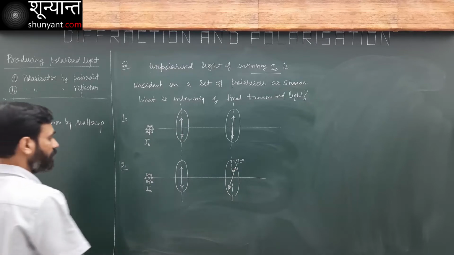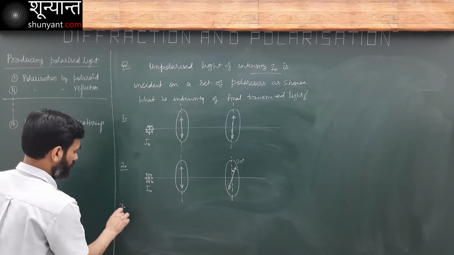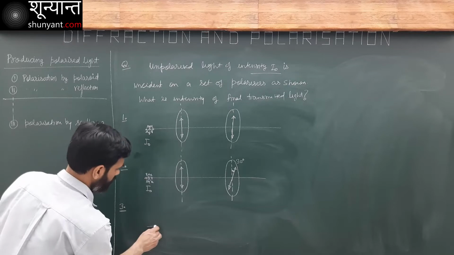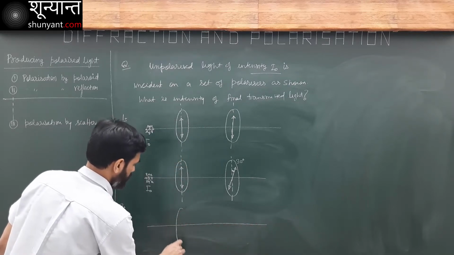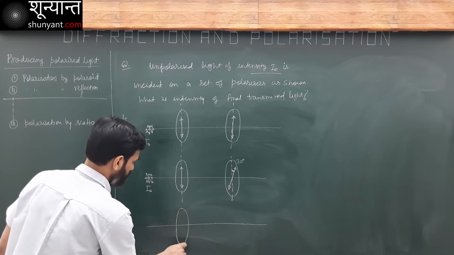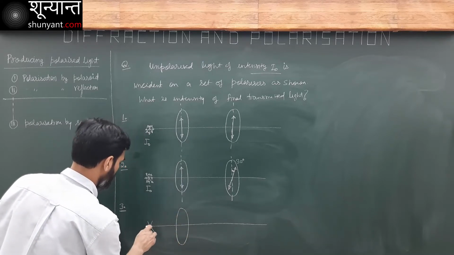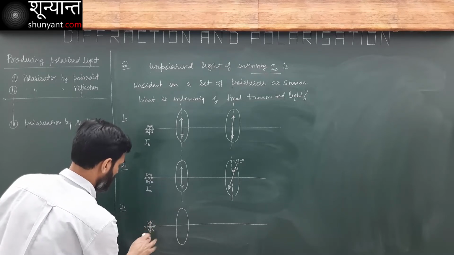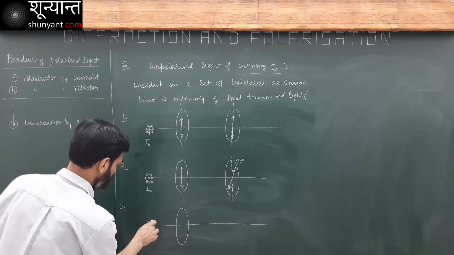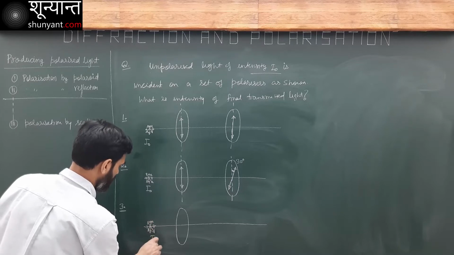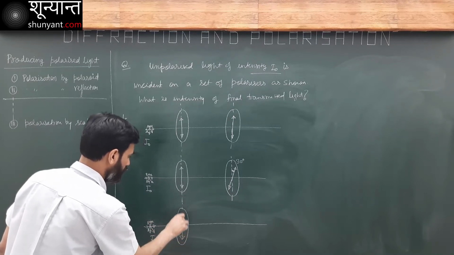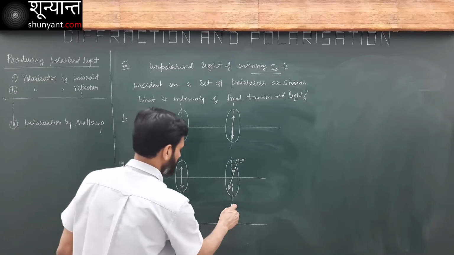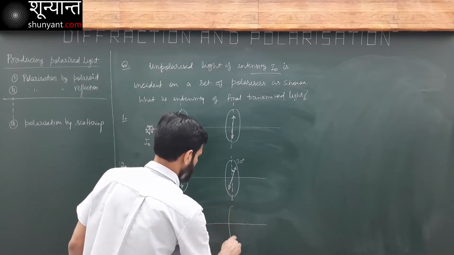Now third, let's do this. Start noting down the problems. We have to do all of them. This is my unpolarized light I naught, incident on the first polarizer, and this is the transmission axis. Now this is the second polarizer.